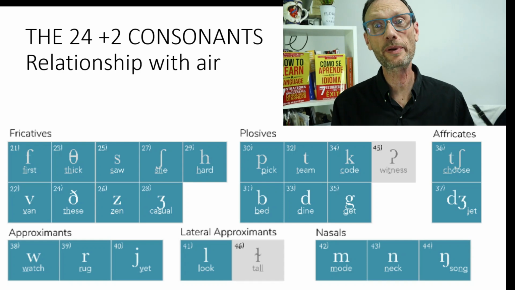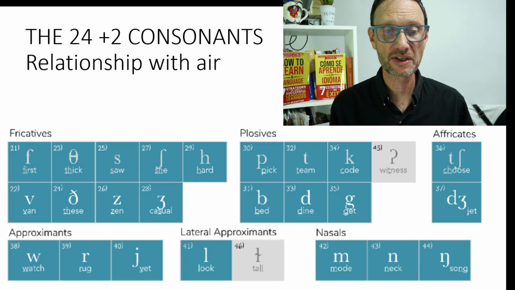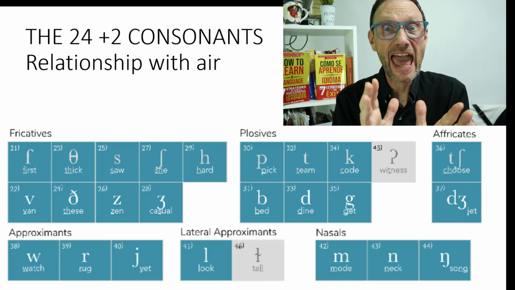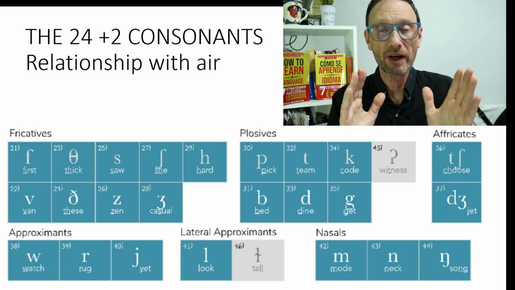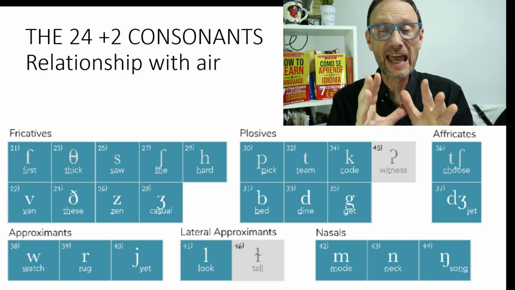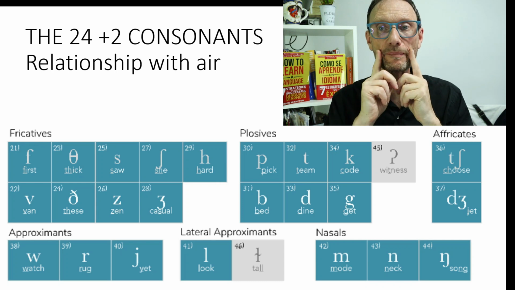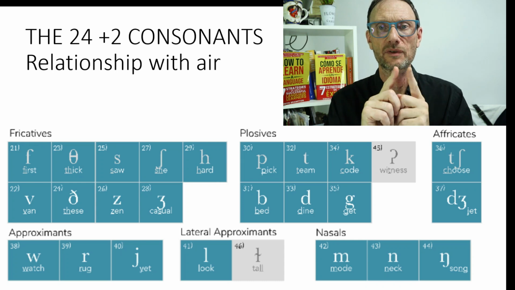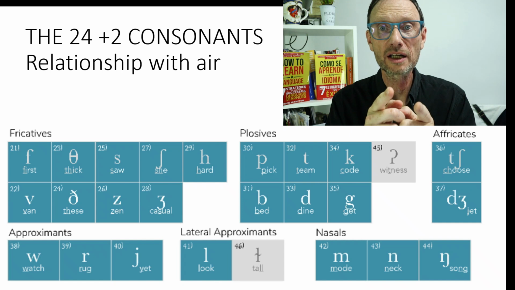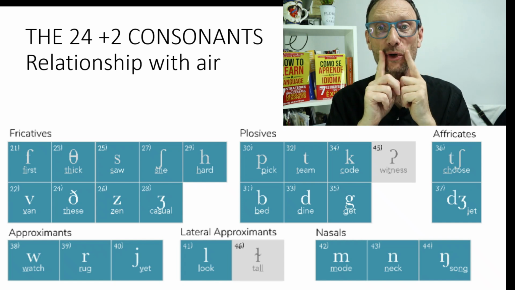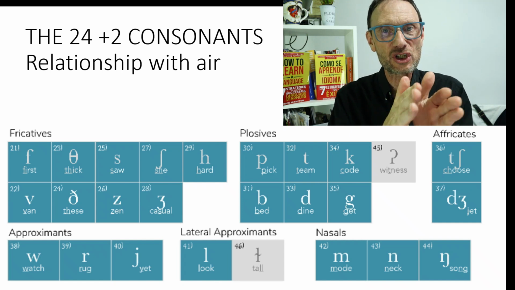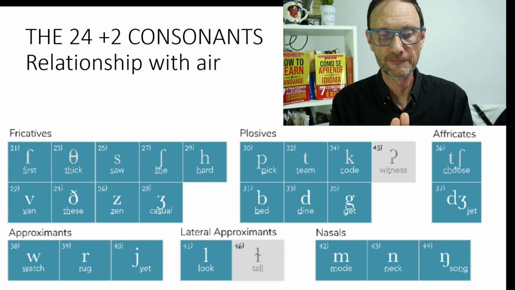Another way of grouping the consonants is their relationship with air. When I say the relationship with air, I mean how air comes from your throat and passes through your mouth, past your tongue, past your teeth, past your lips. It changes the sound.